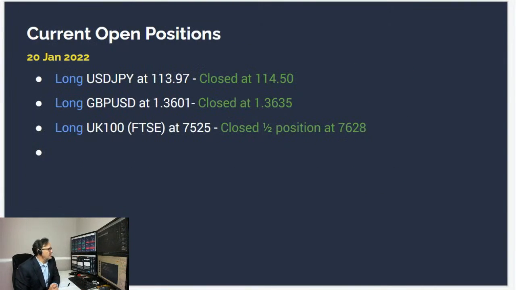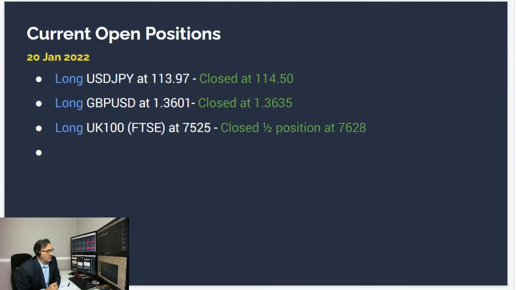Now, some of the positions which I currently have open, or basically I only have half of one position open. Yesterday I was long dollar yen, and I closed that at 114.50. Also, if you watched yesterday's session, you knew that I was looking for a scalp type setup in sterling dollar at 136.01.